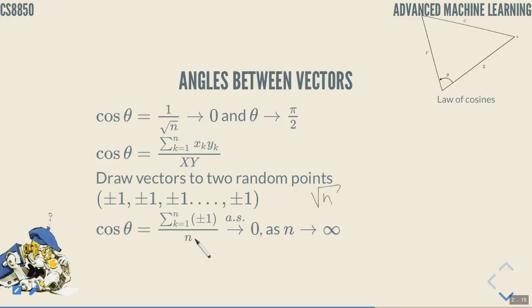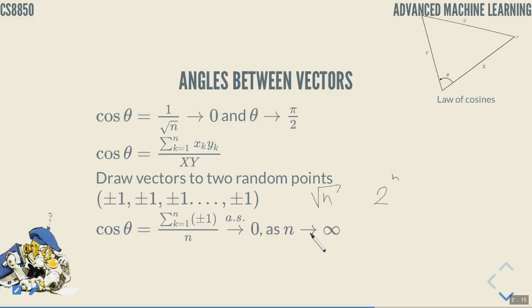And when we multiply square root of n by square root of n, we get this n. So cosine theta between any 2 random vectors, any of the 2 to the n random vectors, will almost surely converge to 0 as n goes to infinity. So in larger dimensions, almost all of those vectors, or a large number of those vectors, will be perpendicular.